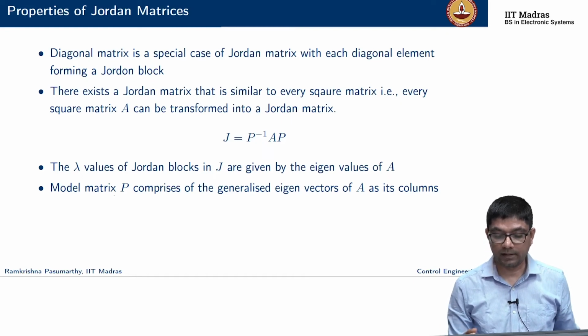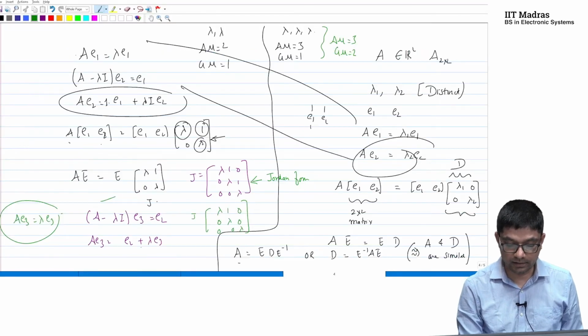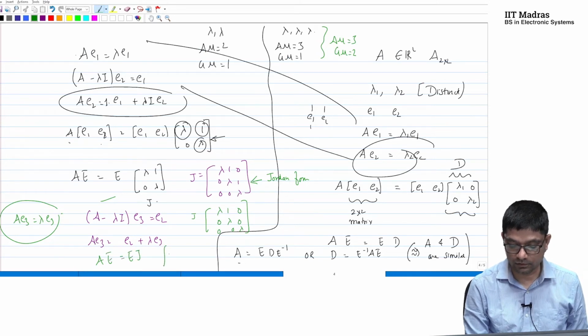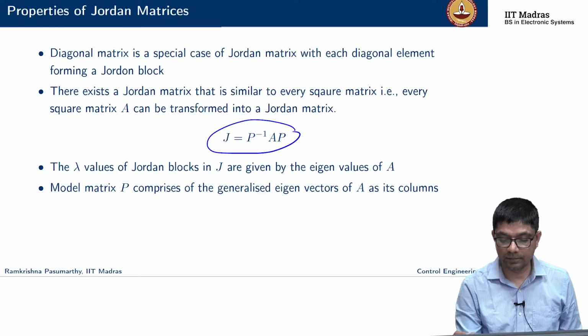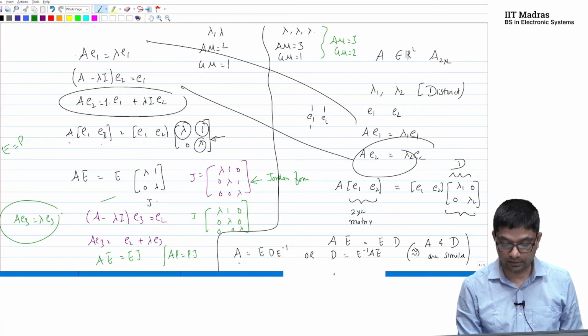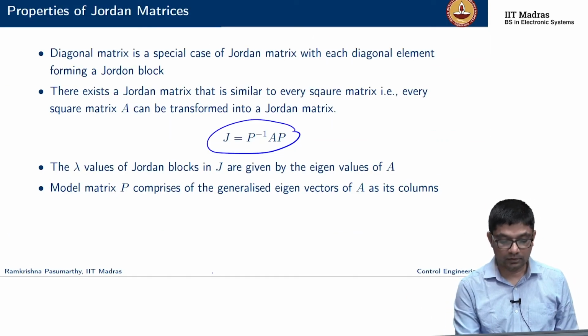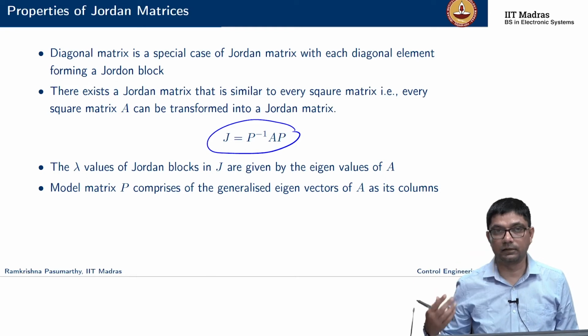Okay, and then this will be my J. So A E is E J, or I think over there I just used the notation P, A P equal to P J. So, just E and P, just notationally you can use whatever you want, and you just get a J which is P inverse A P. It's something like here, J is P inverse A P. Okay, so the lambda values are, again, sitting on the diagonal.